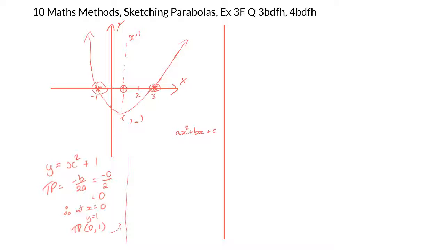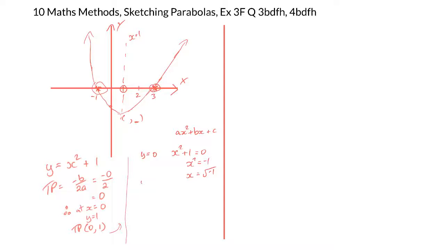Now the x-intercepts are when y equals 0. So x squared plus 1 equals 0. X squared equals -1. And the reality is we don't have any real solutions to that, which tells me that I don't have any x-intercepts.